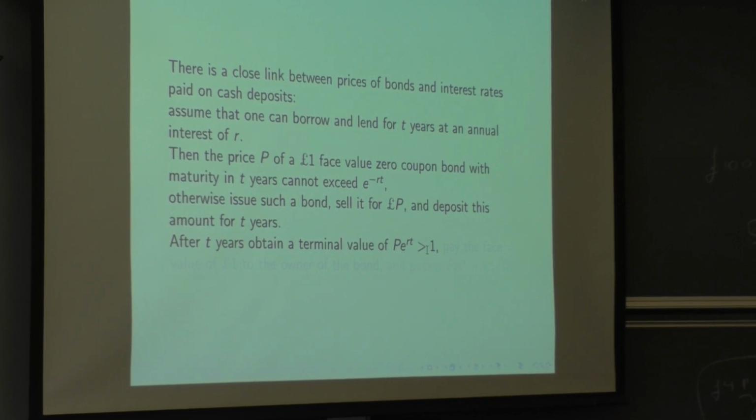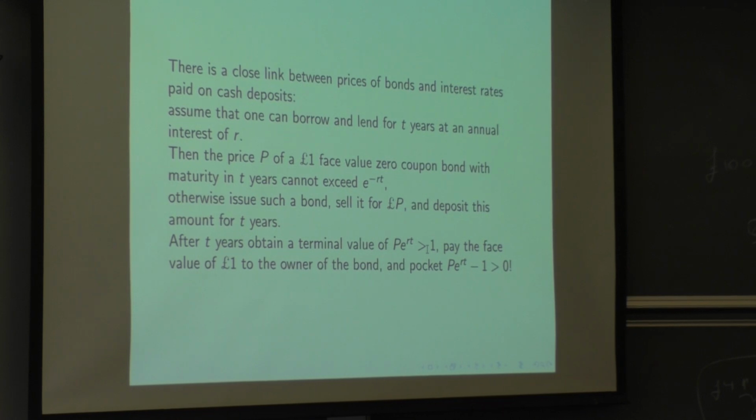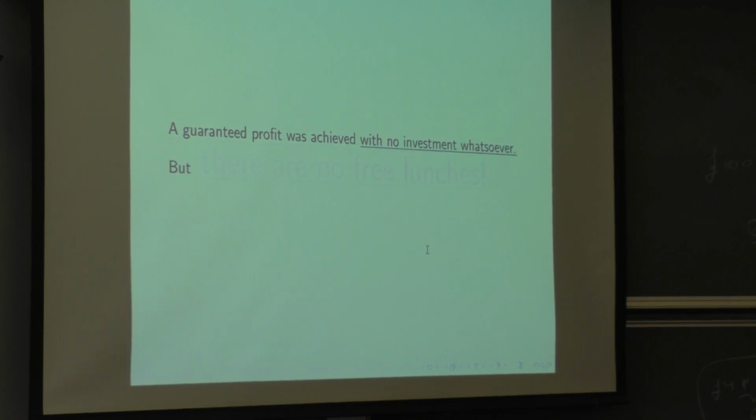Someone is going to come to me and demand £1. We give them their £1, and I pocket the difference. So P cannot exceed e to the minus RT. That's a contradiction. If this happens, we've just exhibited a free lunch, an arbitrage opportunity.